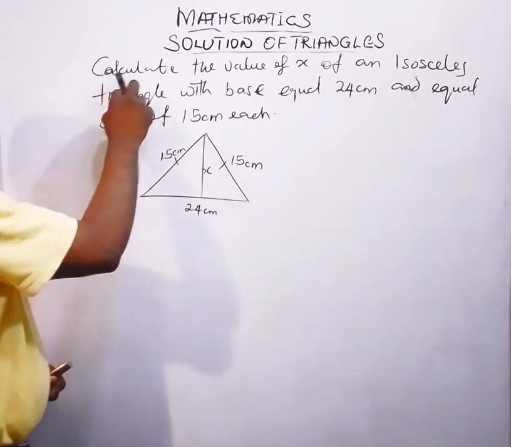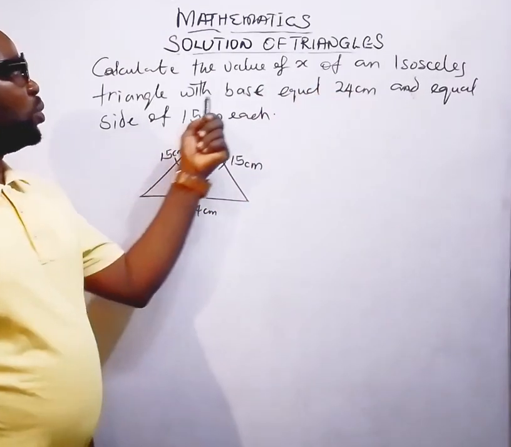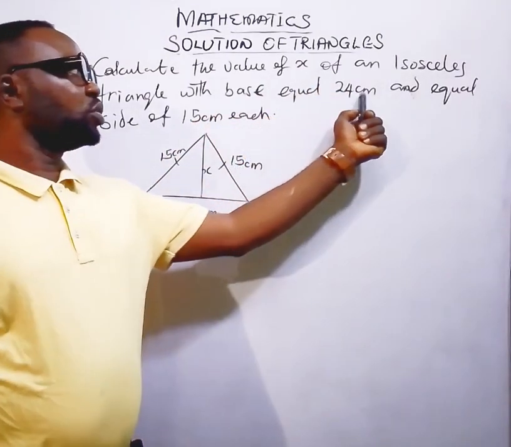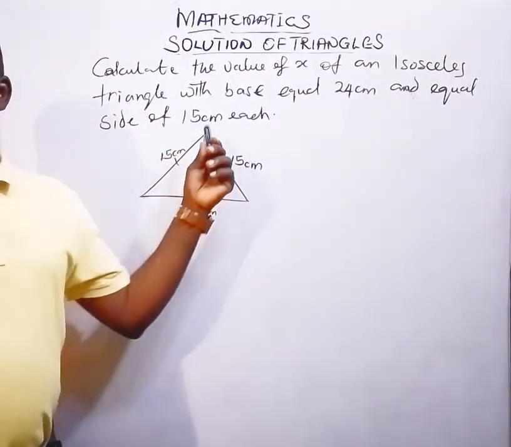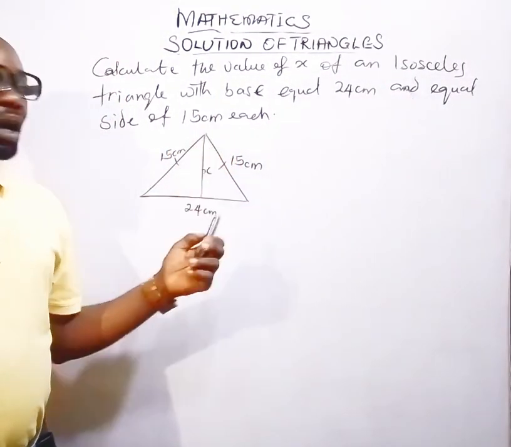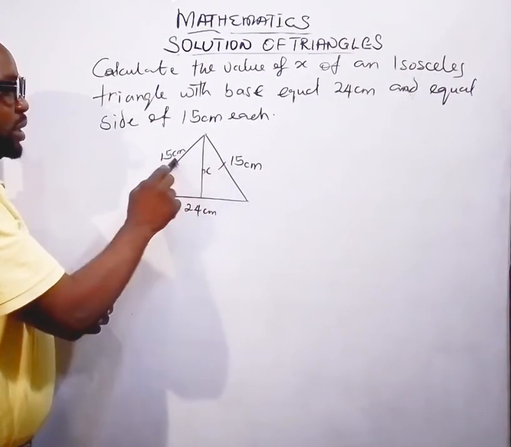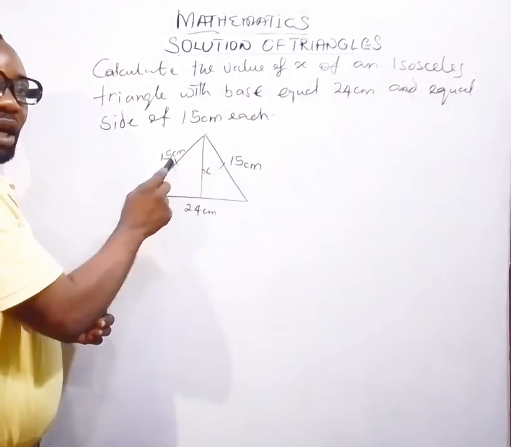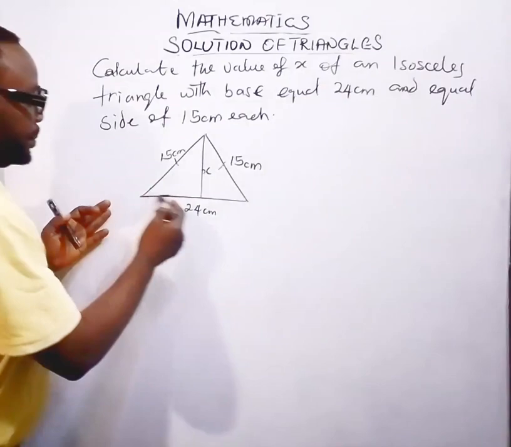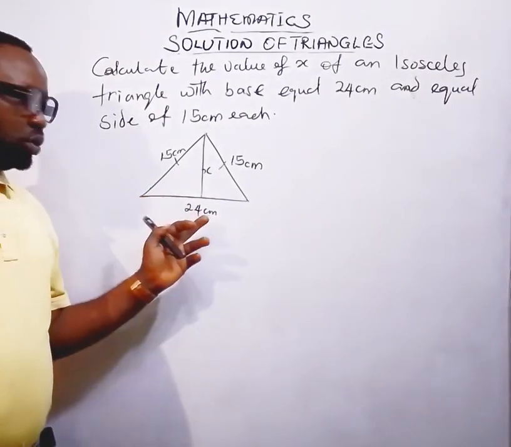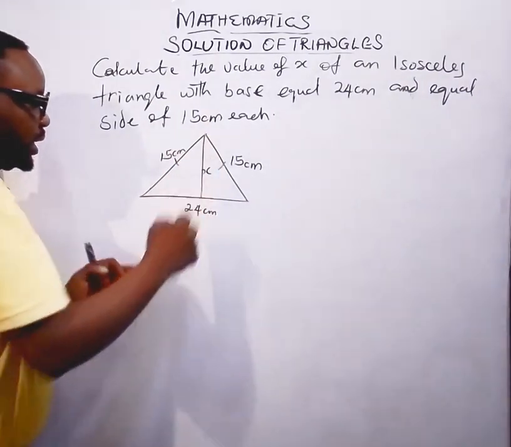The question says, calculate the value of x of an isosceles triangle with base equal to 24 centimeters and equal sides of 15 centimeters each. You can see that this is an isosceles triangle. These sides are equal to one another, that is why this sign is put there. This base line is 24 centimeters, and we are asked to calculate the value of x here.